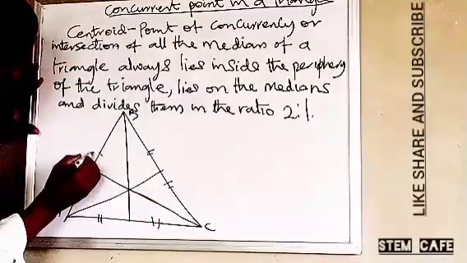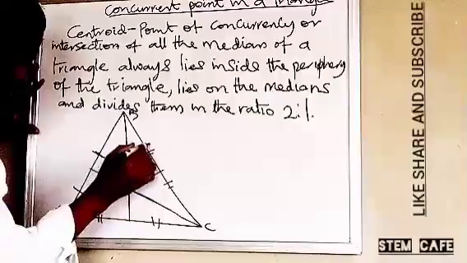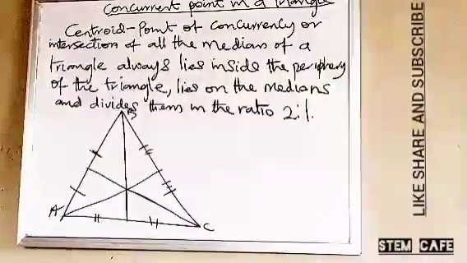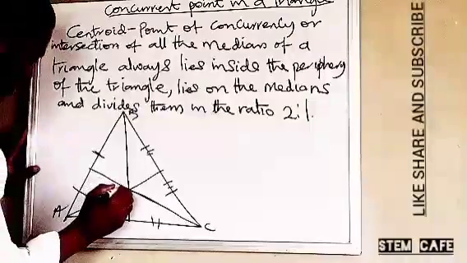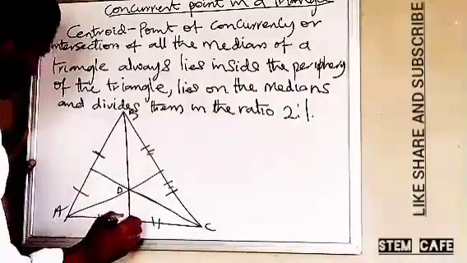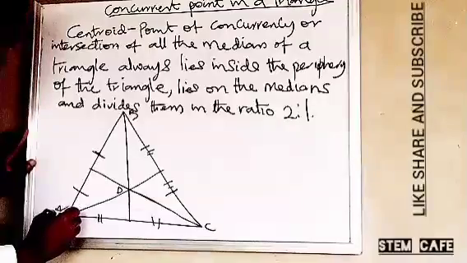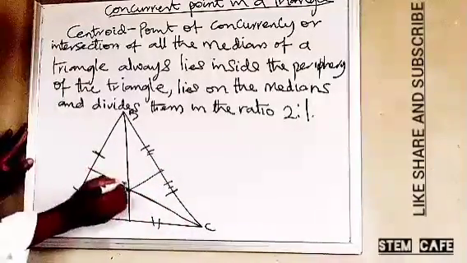If you cut this one equally, then make this one 1, 1. So this one will be 3, 3. So what we are saying now is it lies inside, and this point D will be equal to 2/3 of this place to this place.